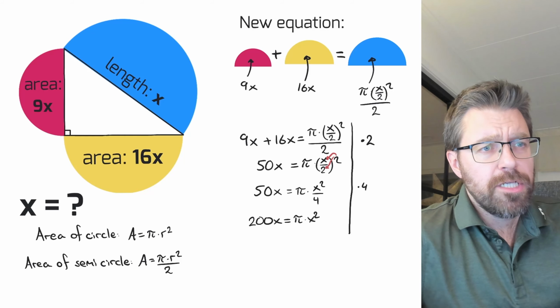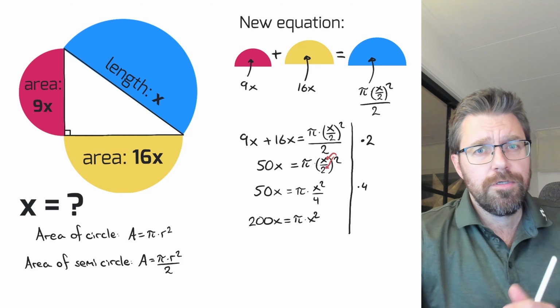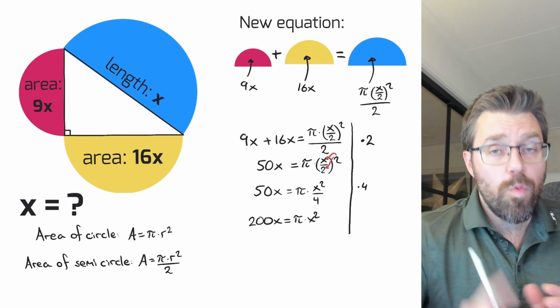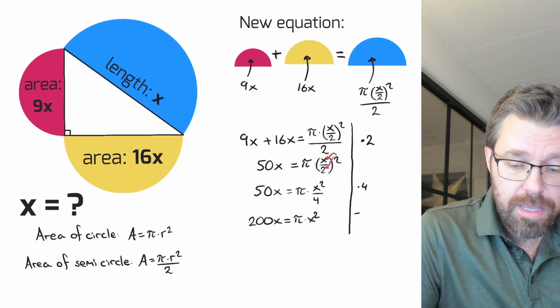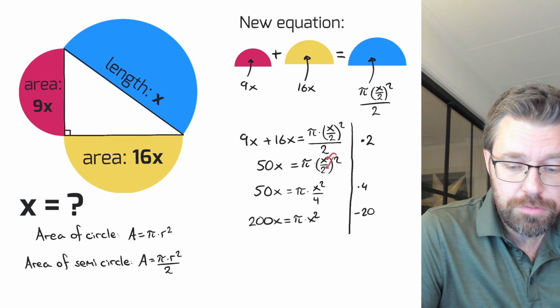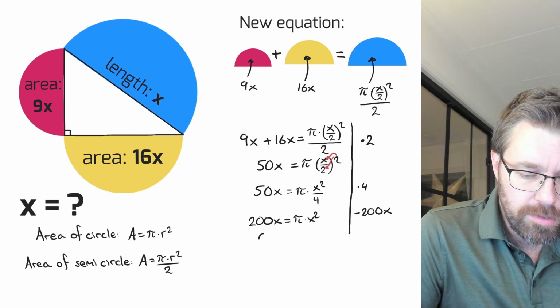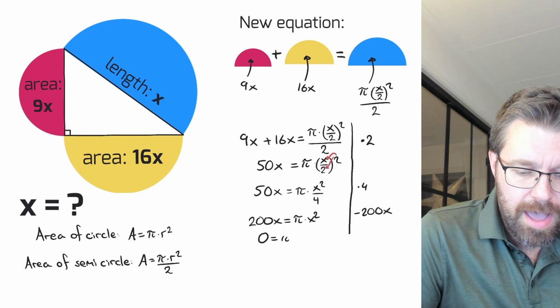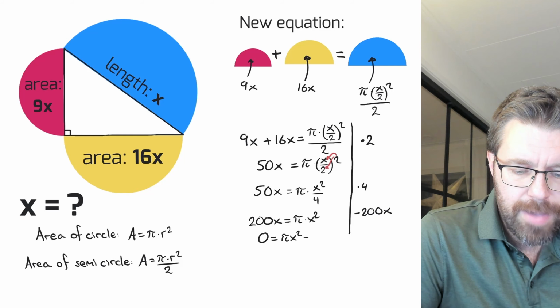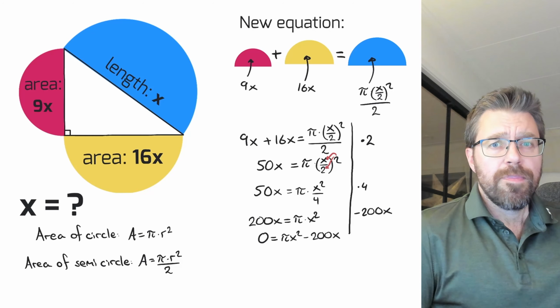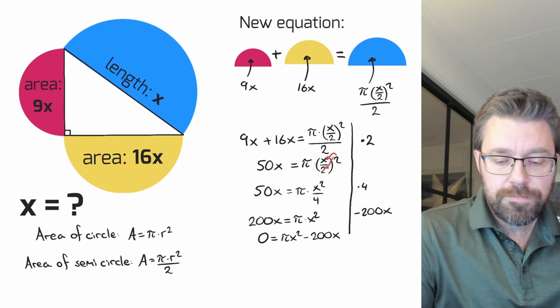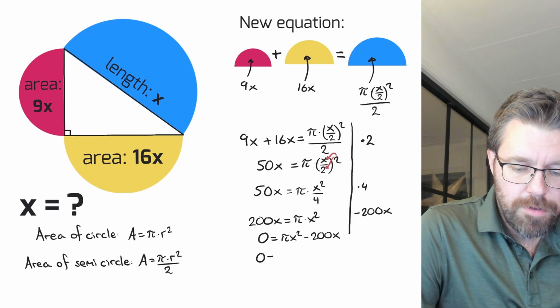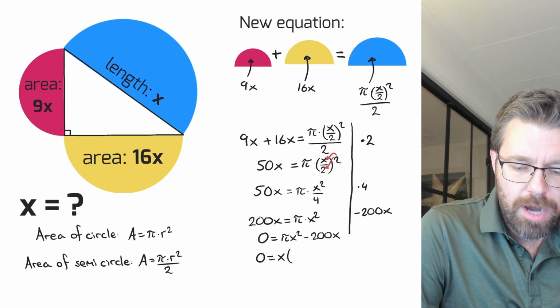To solve this equation, we put all of the terms on one side, so we subtract 200x from both sides, and we get 0 equals pi times x squared minus 200x. And then we factor x out, so we've got x times a parenthesis with pi times x minus 200.